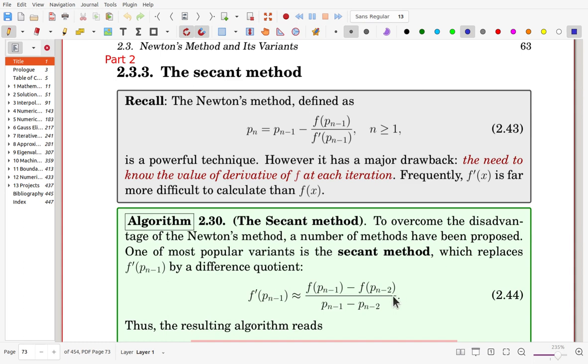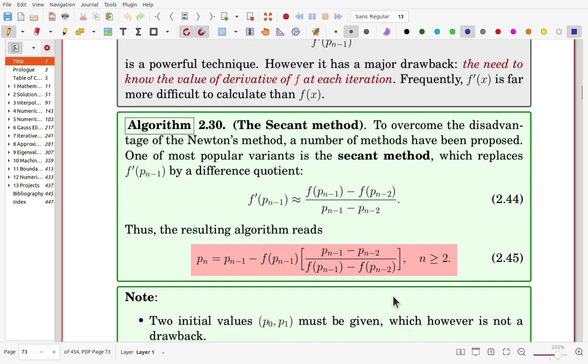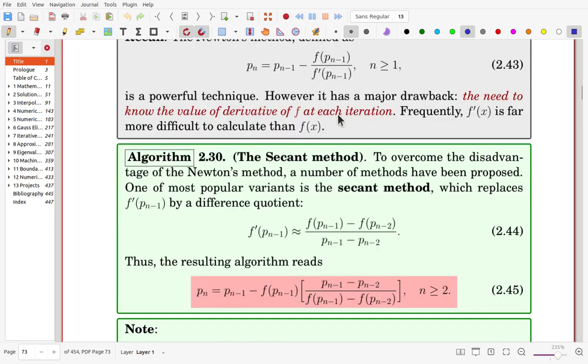So the resulting algorithm is formulated as in this equation. Here f prime of p_{n-1} is replaced by this quotient to get this one. Now n is larger than or equal to 2. You can update from p2, and p0, p1 must be given.